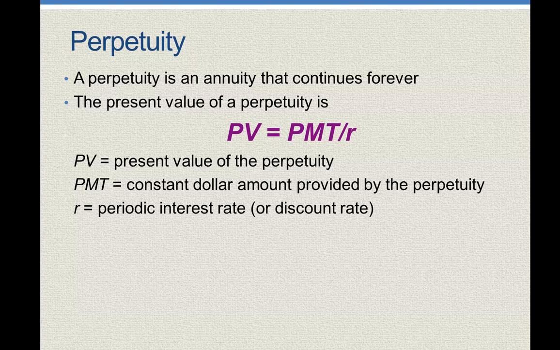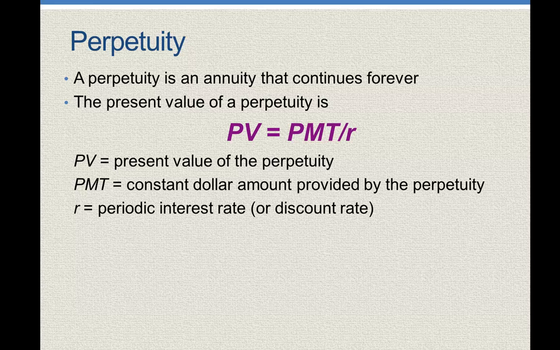Because perpetuity lasts forever, you may be tempted to think that the present value of the perpetuity is also infinite, right? Because you have constant payment that lasts forever. So probably the value is also an infinite number. But it turns out that's not the case. Even though the payment, for example $1,000, continues for 1,000 years or 2,000 years, an infinite number of years, the value today is a finite number.